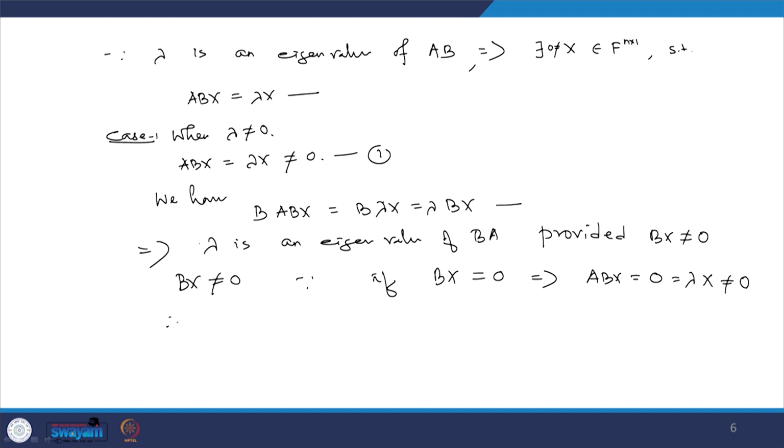So BX is not equal to 0, and lambda is an eigenvalue of BA. So if lambda is an eigenvalue of AB, then it is also an eigenvalue of BA.